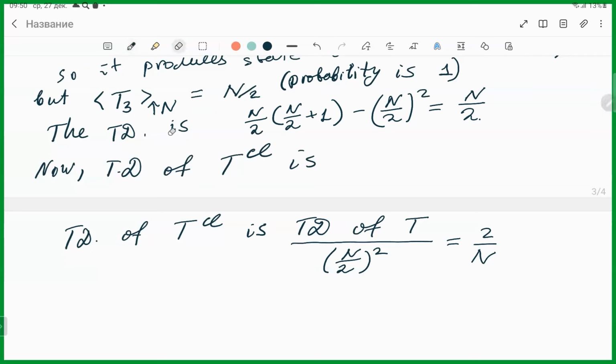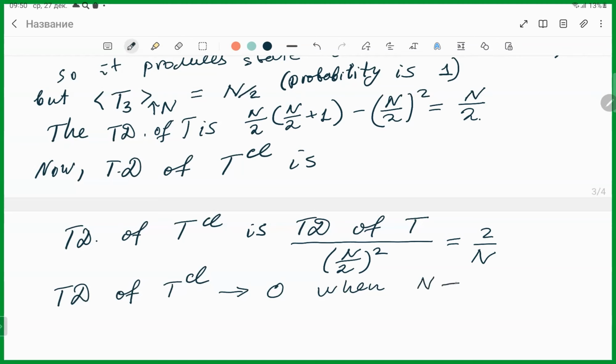So here I will comment: total dispersion of T. So we see the total dispersion of T classical goes to 0 when n goes to infinity.